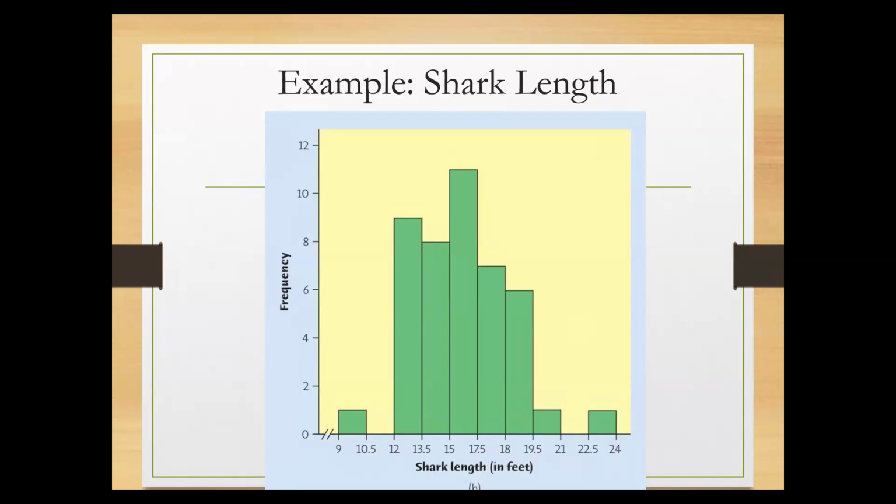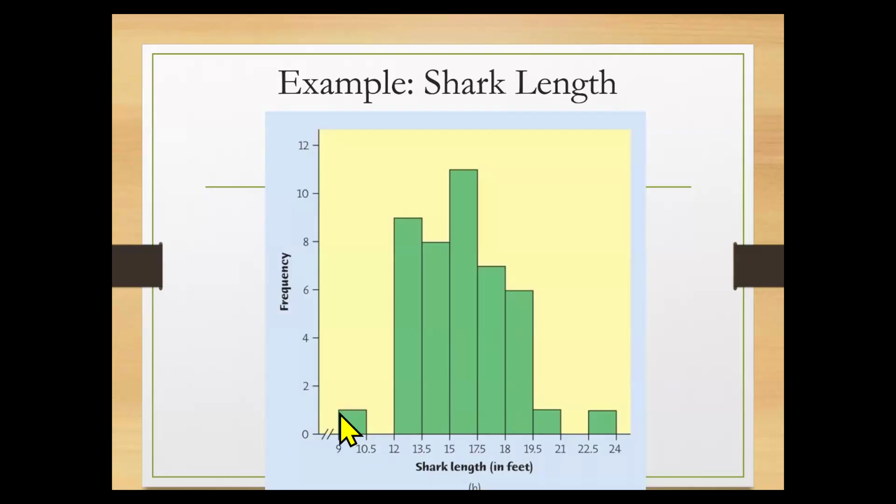It does bug me that this is in feet and not meters. We have a gap here, which means there weren't any sharks measured in this 10.5 to 12 feet length, these just enormous sharks. We also have a gap over here, meaning no sharks were measured between 21 and 22.5.